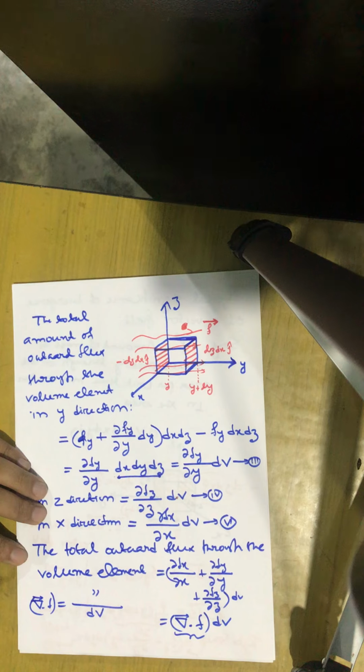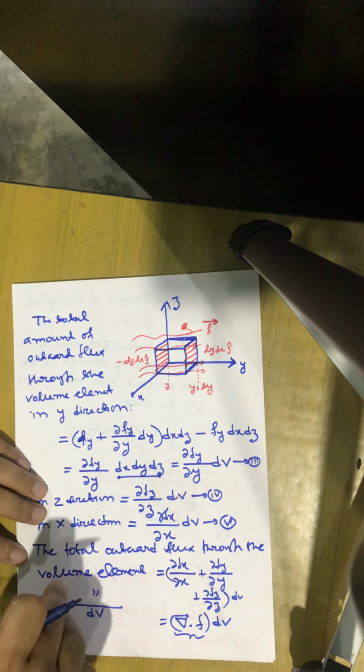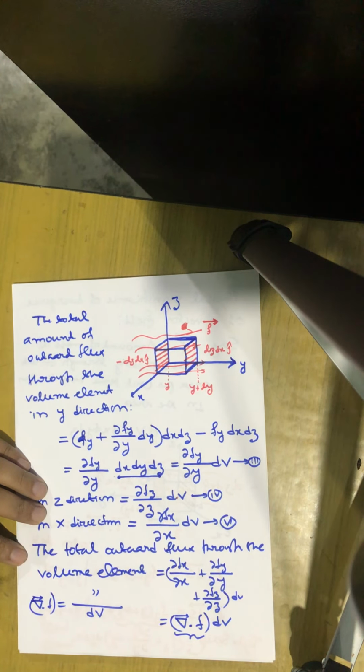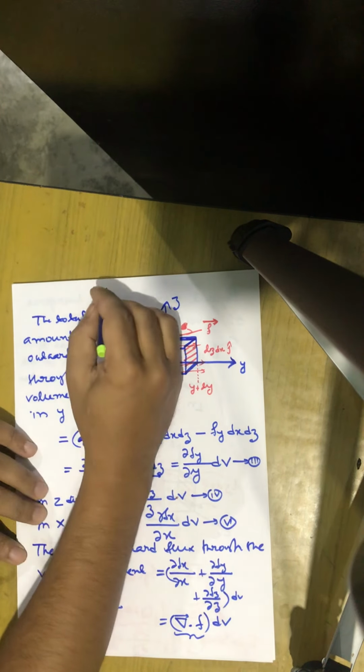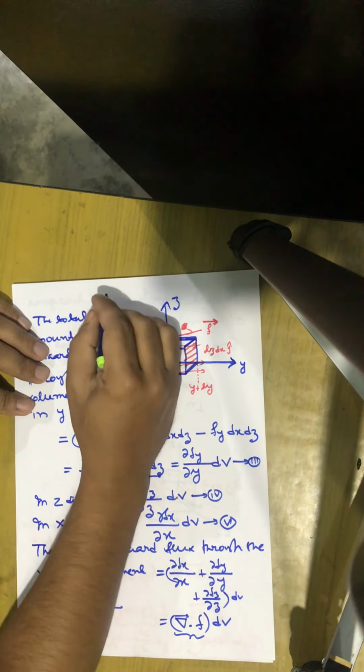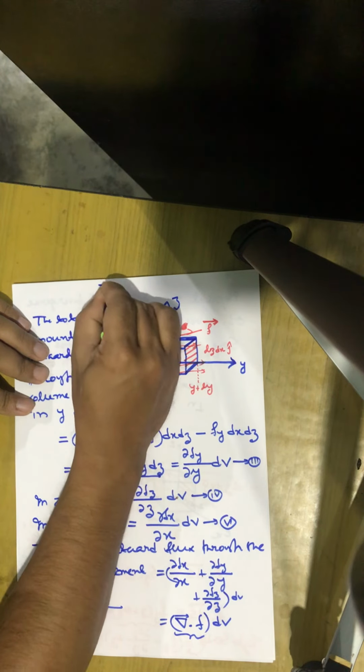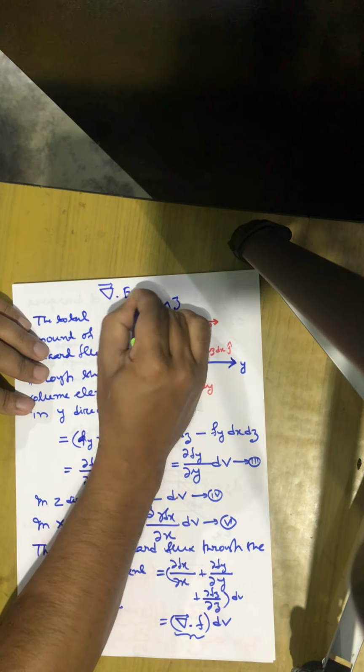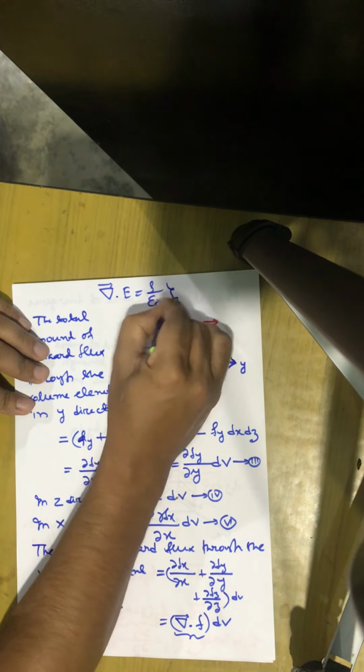You will find many examples of divergence of a vector field in electrostatics as well as in magnetostatics. For example, Gauss's law is nothing but the divergence of an electric field. If you remember the differential form of Gauss's law, it was del dot E equals rho by epsilon naught.